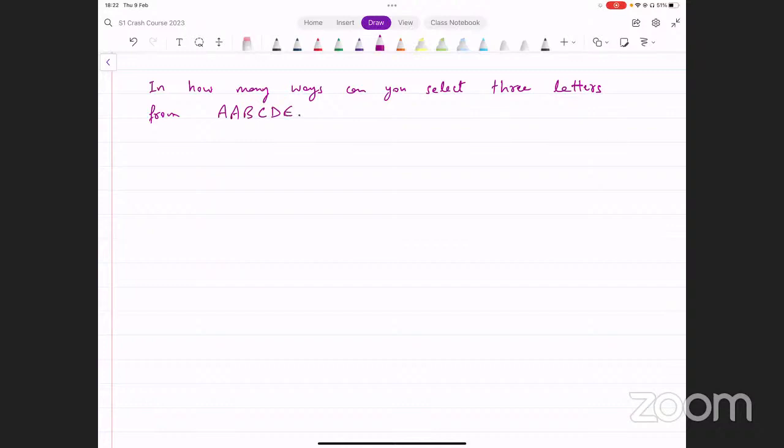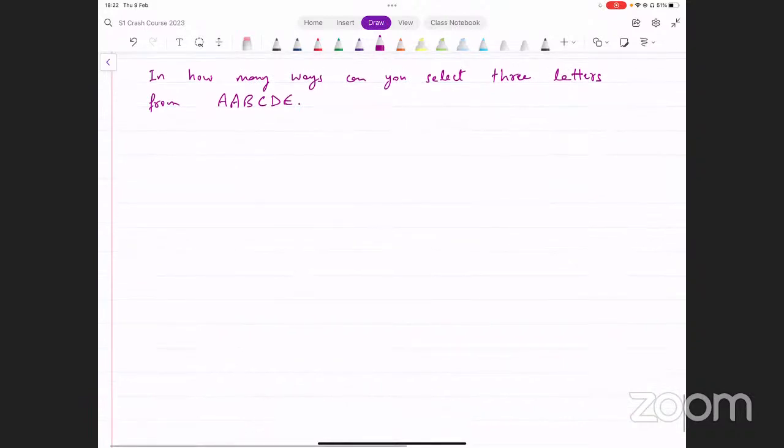We've got 6 letters. We want to select 3 of these letters. In how many ways can you do this? Now, generally, if all of these letters were different, we would say, we've got 6 letters. Out of those 6 letters, we need to select 3. So we could do 6C3. And that in this case gives us 20.